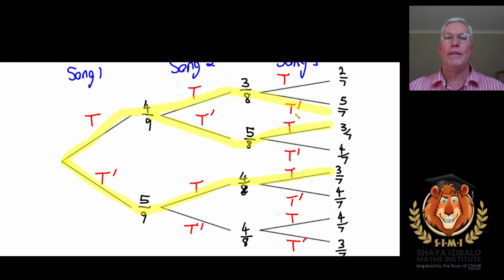You'll notice that all of these fractions are actually the same, so I'm not going to work them all out. 4 times 3 times 5, 4 times 3 times 5, actually 60 out of 504. That fraction is repeated there and over there.